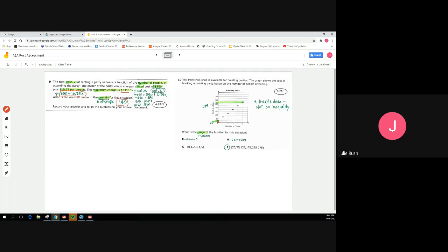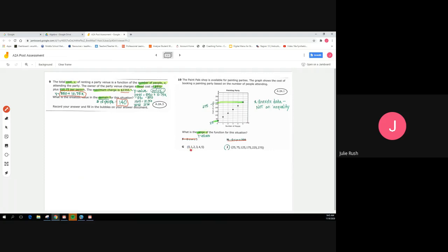At the lowest, they start at 25. So my range values are in between 25 and 275. They, however, are not going to be an inequality because this is discrete data. So I have individual coordinates on my graph, which means they are not continuous. So I'm not going to choose an inequality.